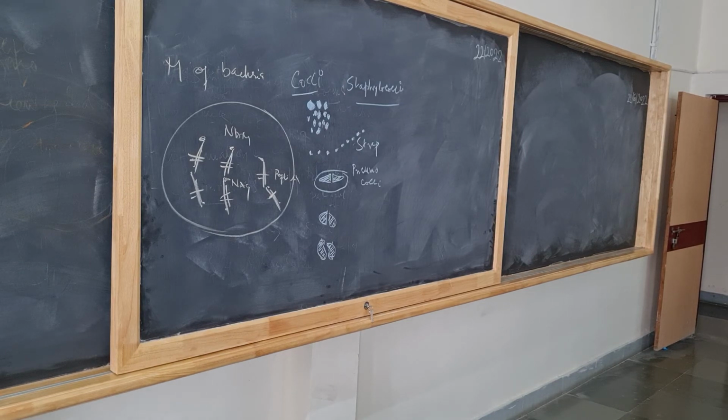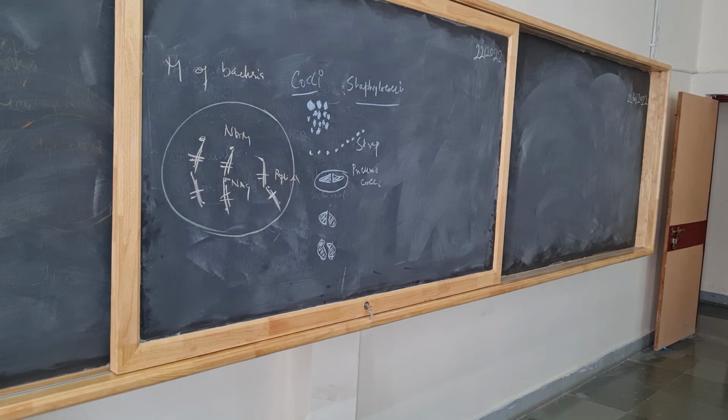Now we are stressing so much on gram positive and gram negative. What is gram positive and what is gram negative? Gram positive cocci are violet in color. Gram positive are violet.